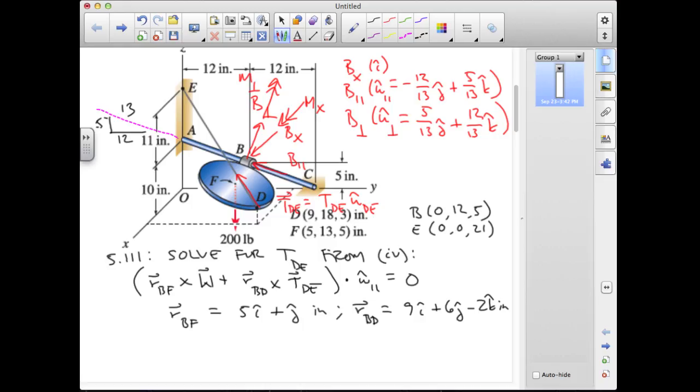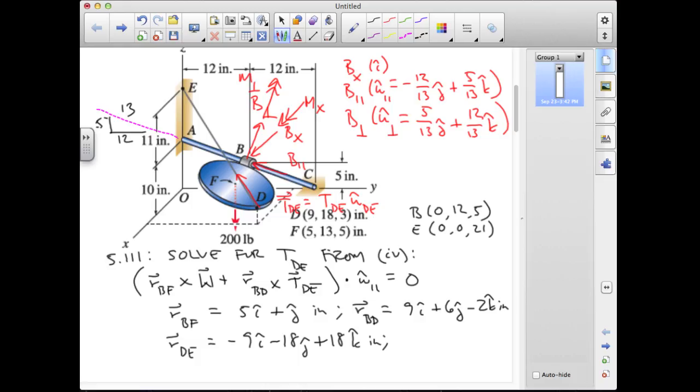We're also going to need RDE in order to define a unit vector that goes from D to E, and RDE is RE minus RD, and that's minus 9I minus 18J plus 18K inches. And this relative position vector has a common 9 between those 3 components.